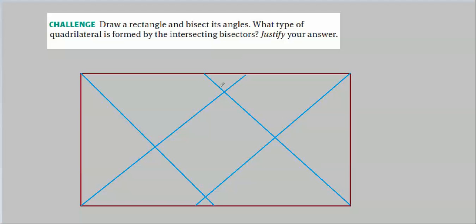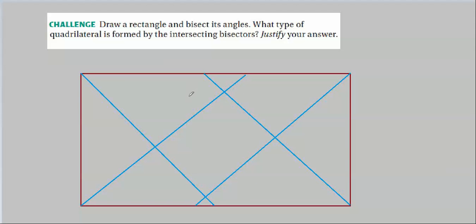Well, we've produced something in the middle here. It's got 4 sides. But what would this be? And don't go by what it looks like, because it's not necessarily drawn correctly. Partly because that would be cheating, and partly because I don't draw very well. Well, what do we know about what's going on here?